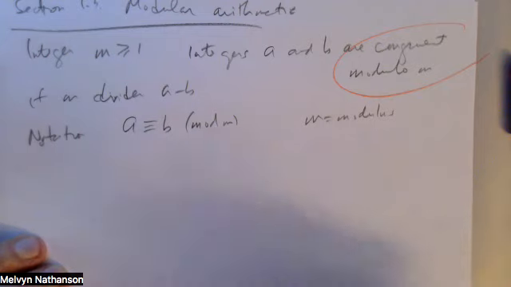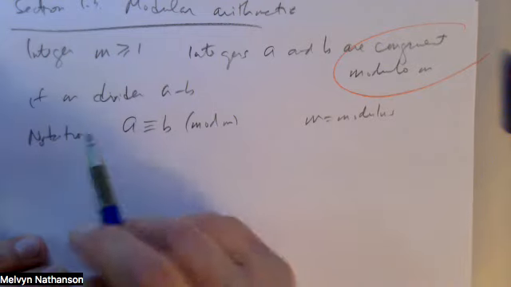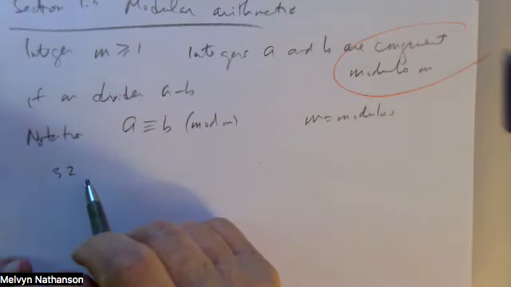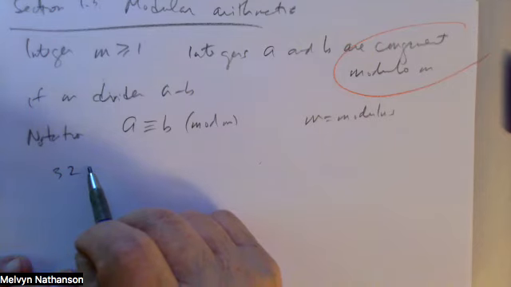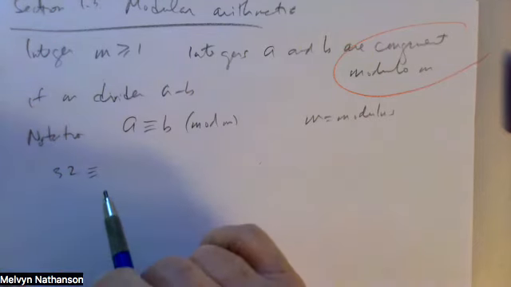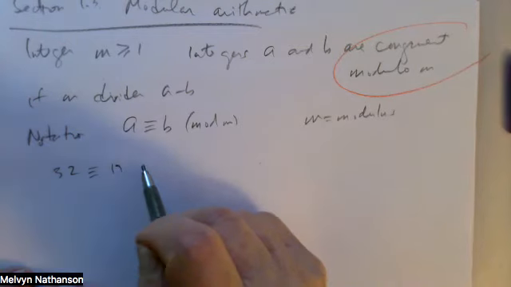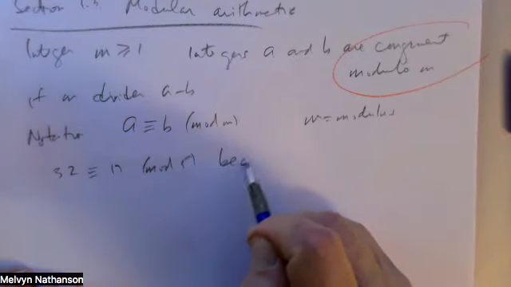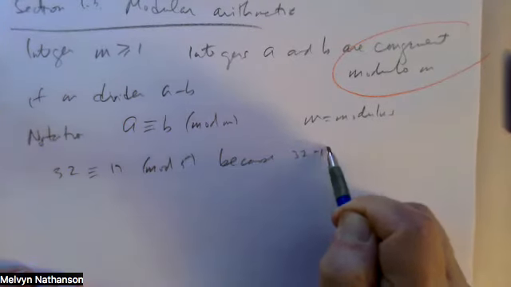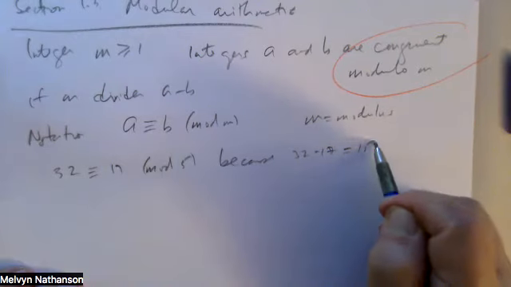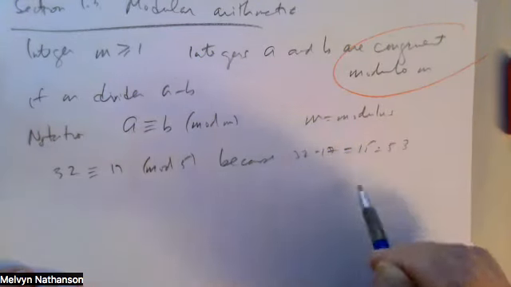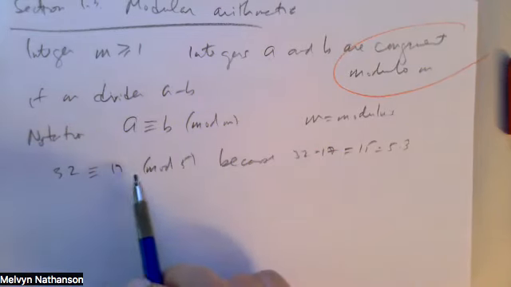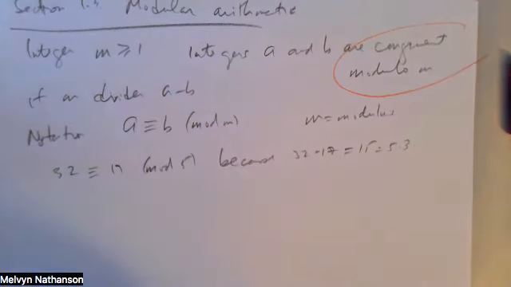So for example, 32 is congruent to 17 mod 5, because 32 minus 17 is 15, which is 5 times 3. 5 divides 32 minus 17. So 32 is congruent to 17 mod 5.